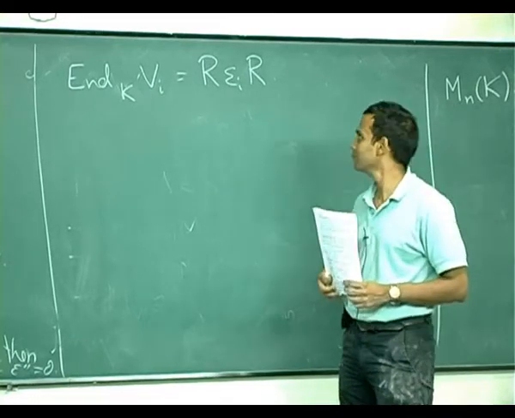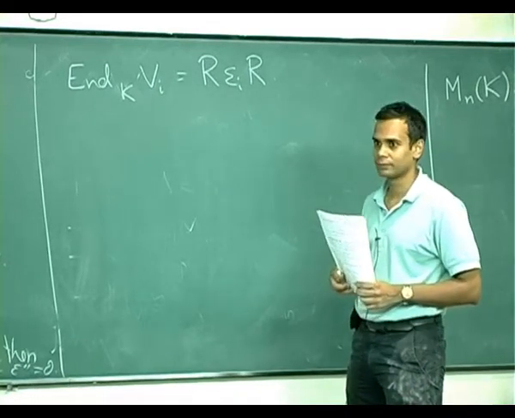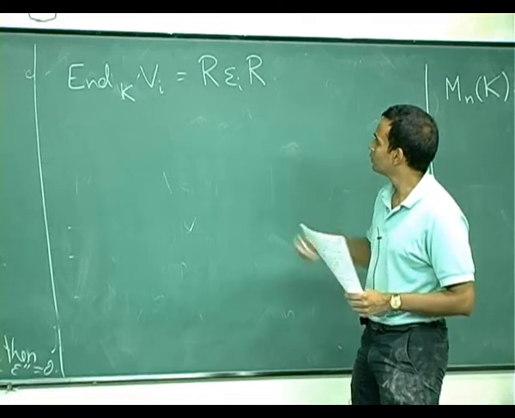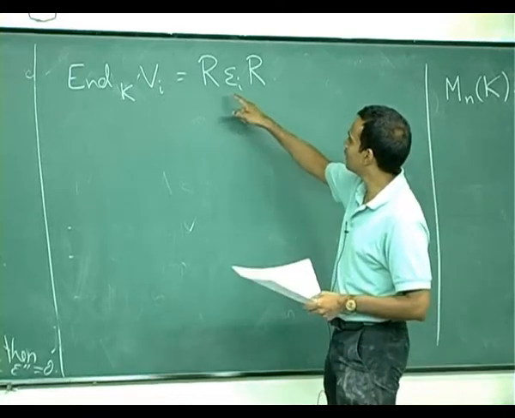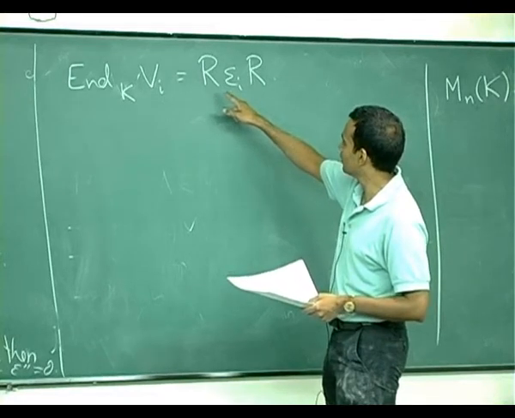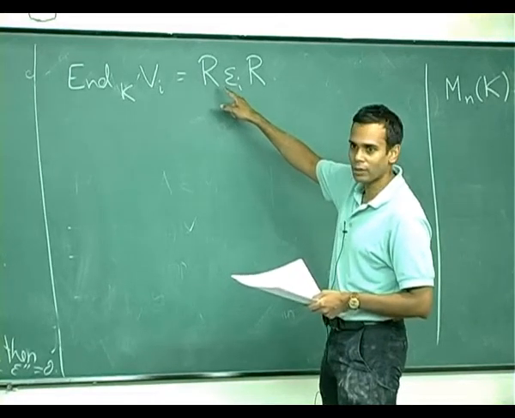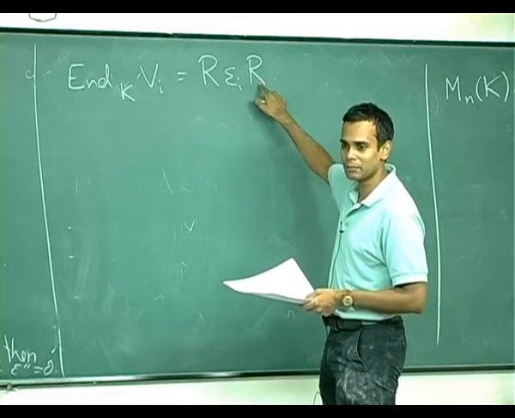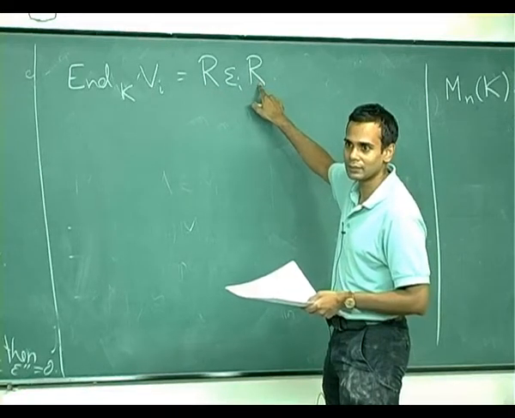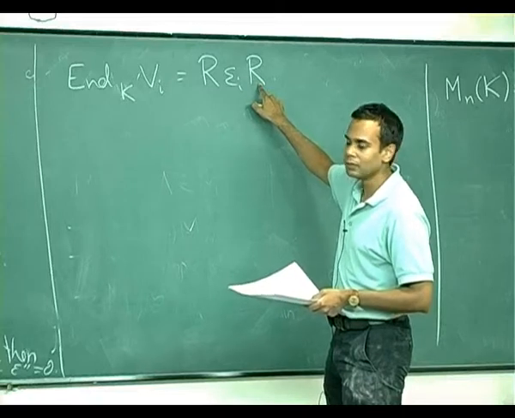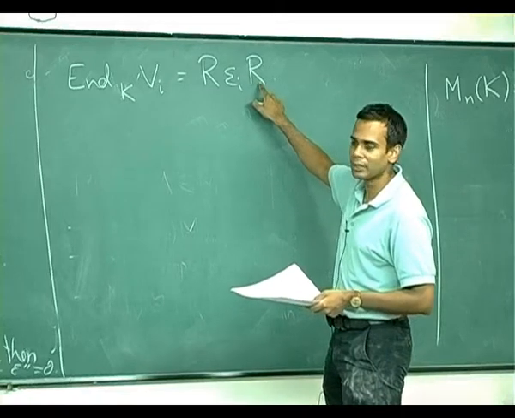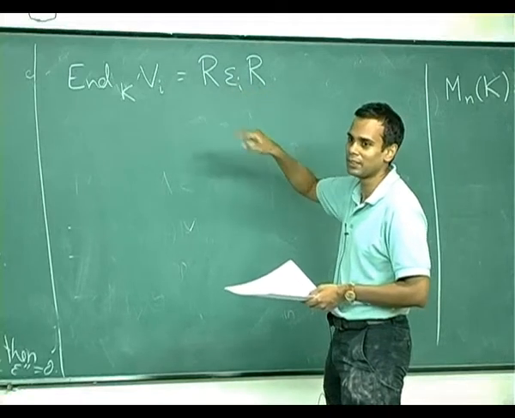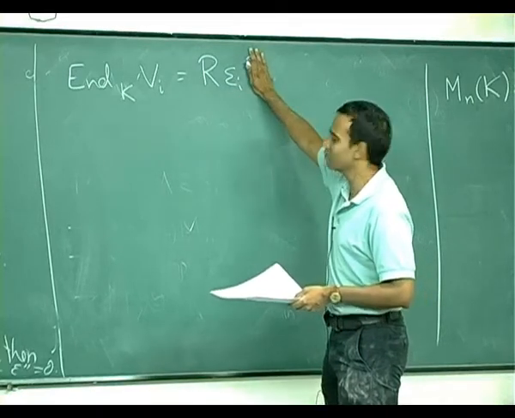R epsilon i R, you're multiplying epsilon i with R. Yeah, so R epsilon i R is just all possible products of one element of R times epsilon i times some other element of R. For example, if you take a matrix algebra and you take the identity and you multiply on the left and right, well, maybe one of these is redundant.